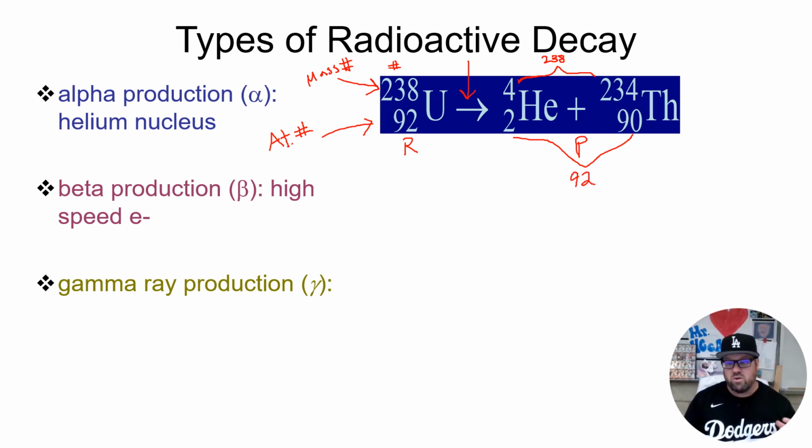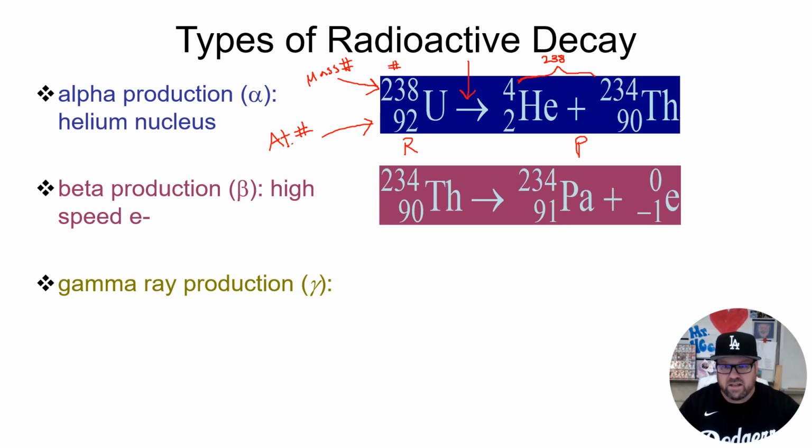So in nuclear reactions that are balanced, the mass numbers on the top of both the left and right side of the arrow have to equal, and the atomic numbers on the bottom, the subscript, on both sides of the arrows have to equal. And that's how you balance a nuclear reaction. Okay, let's go ahead and take a look at another one.